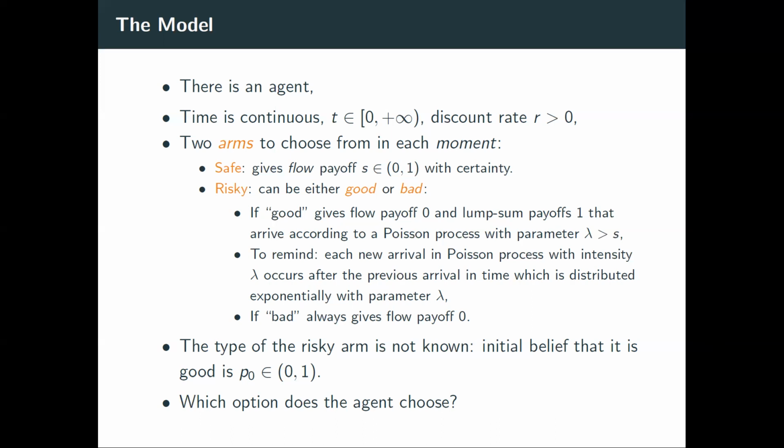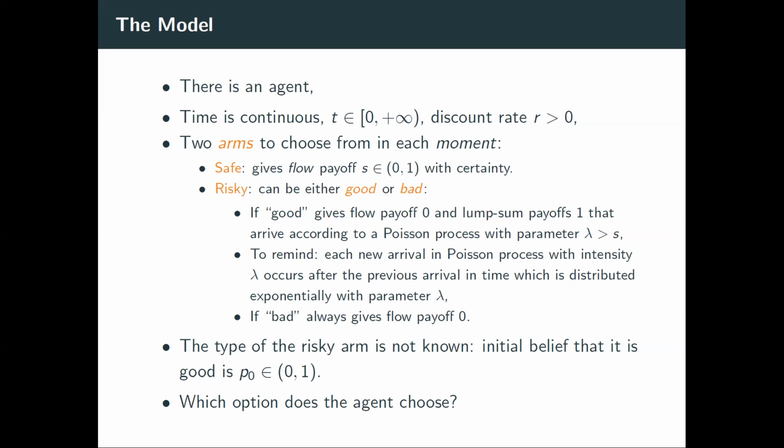There is an alternative way to understand the Poisson process, which I believe is easier, but I didn't use it in the definition because it's not very convenient. You start at point 0 in terms of time, and then the first arrival occurs in exponentially distributed time.